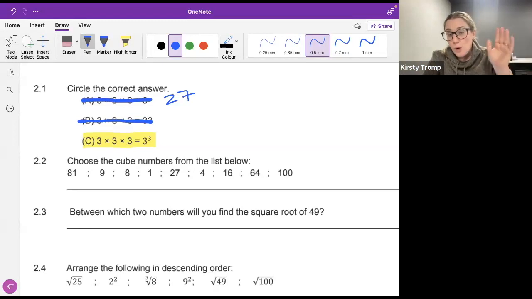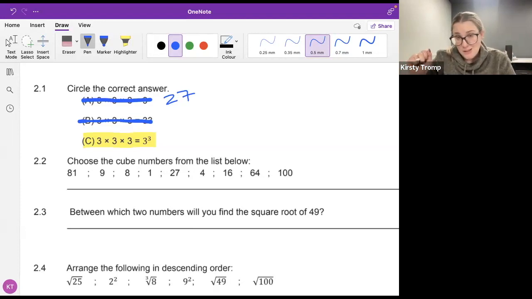Go back and watch the lessons where I taught you how to draw a table. This is a good way for you to learn all your squares and all your cube numbers. If you learn them, then for 2.2, choosing the cube numbers from the list below should be absolutely easy for you.